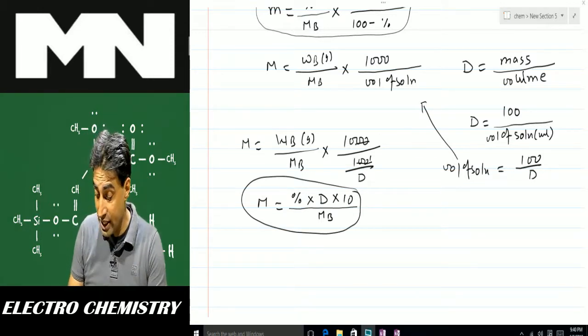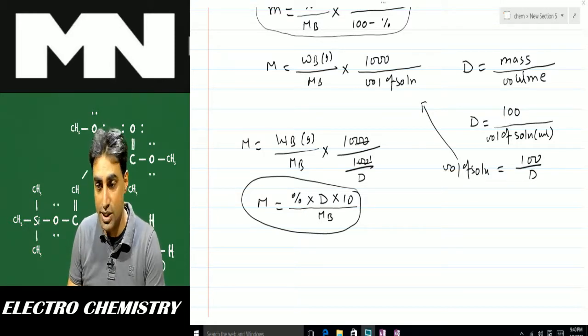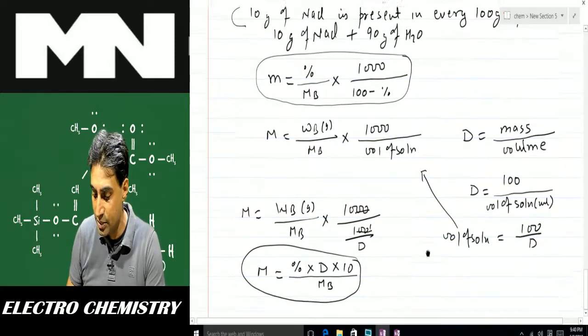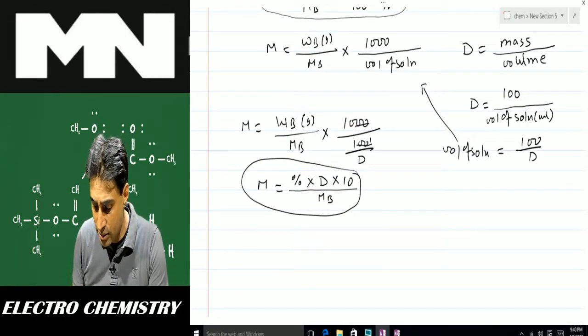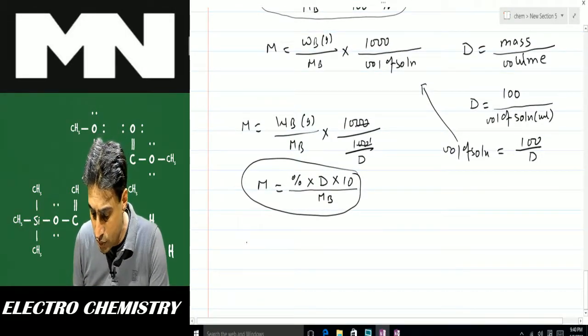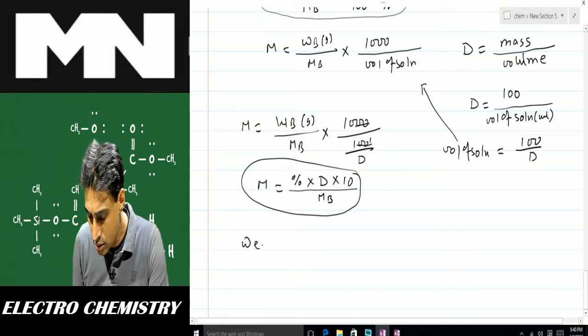But before moving ahead, I would like to tell you one thing: we did percent by mass, and like percent by mass, we have some other concentration expressions also. We call them weight percent by volume.